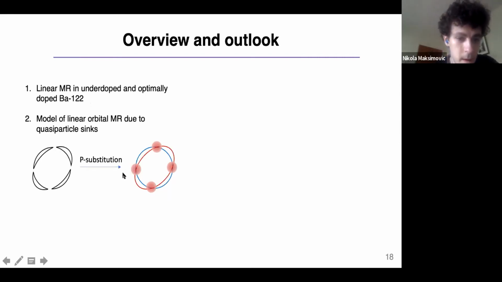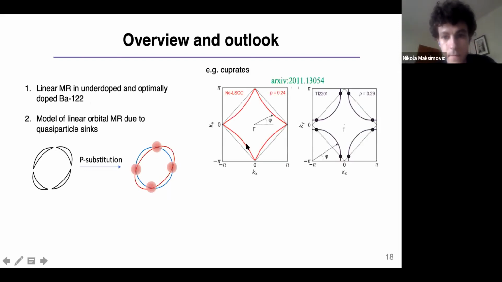I will just mention that, while these calculations have been done for barium-122, we might expect this mechanism to generalize to other materials. So for example, let's say the cuprates, you may have regions of the Fermi surface that have large curvature. This is a tight binding calculation for neodymium doped LSCO. Or you may have regions of the Fermi surface that have a very high scattering rate.